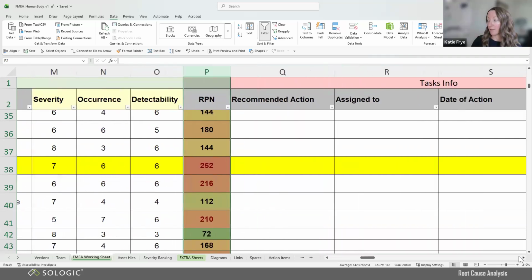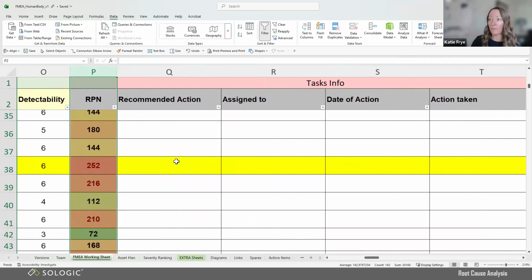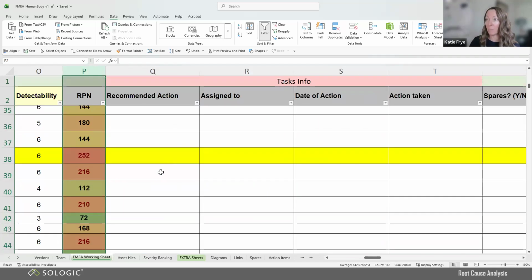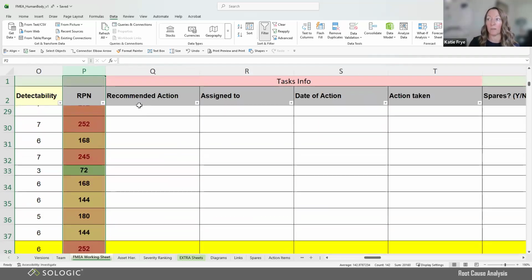Again, because I'm not a doctor or medical professional, I don't have the rest of this spreadsheet filled out, but ideally you'd like to come up with recommended actions. You want to make sure that you assign it to a specific person or position title, and you want to give it a due date at the very least so that you can then roll out these action items to give you overall reduced risk.